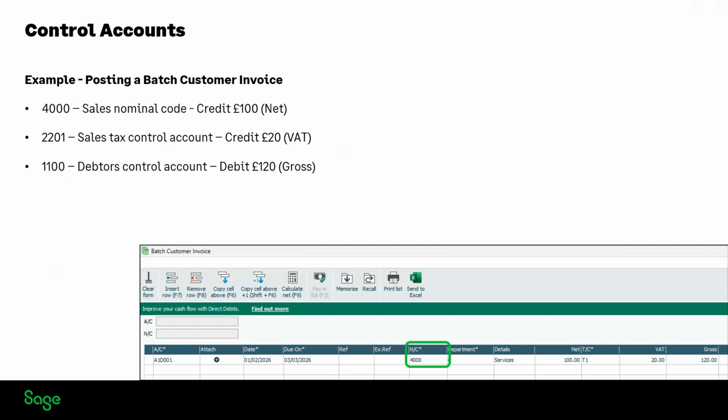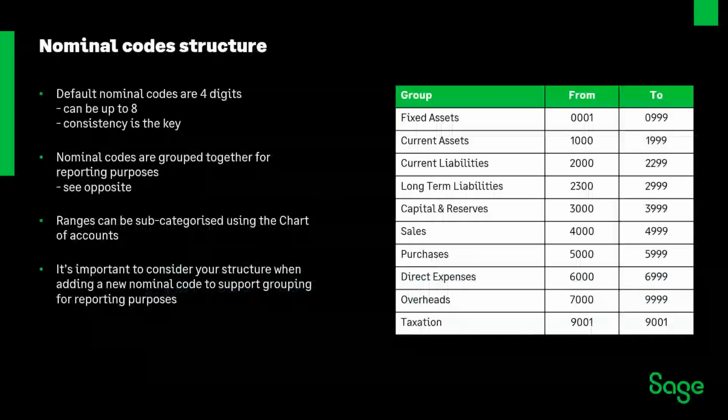Again, it picks that up from the control accounts list, and it will show the gross value against that one. So I just wanted to quickly show you that and give you an example of how control accounts are used in the background.